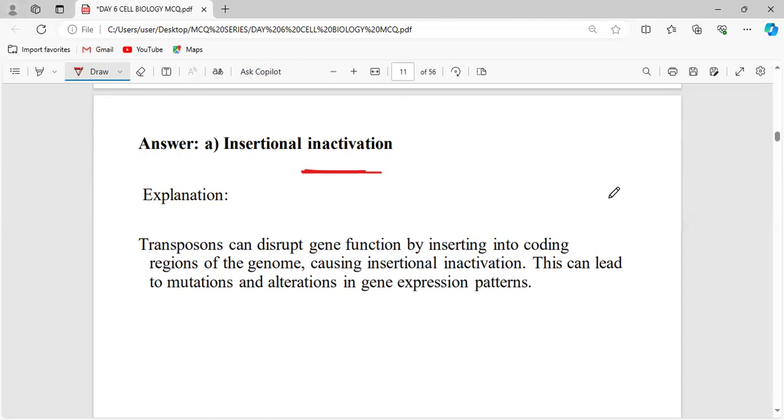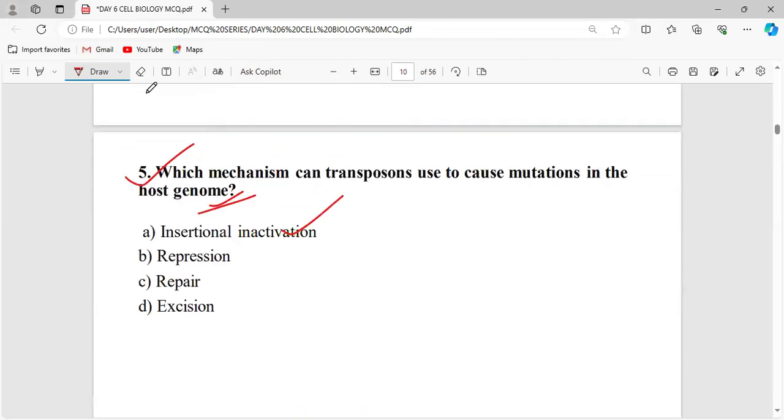See, what are transposons? Transposons, what are we calling them? Very good. Jumping genes. Will transposons cause a good mutation or a bad mutation?